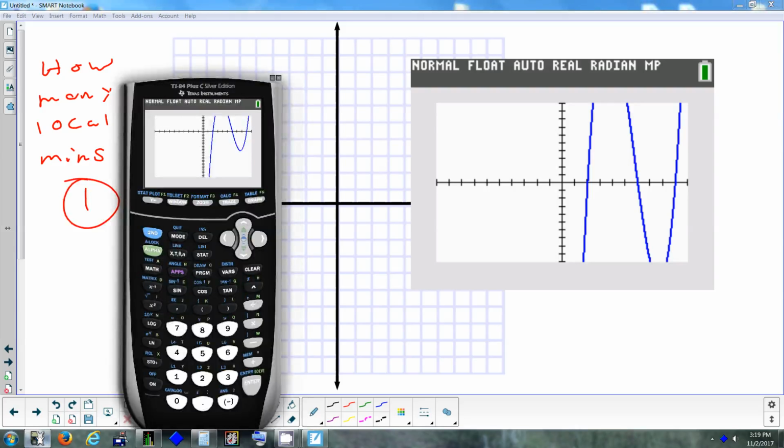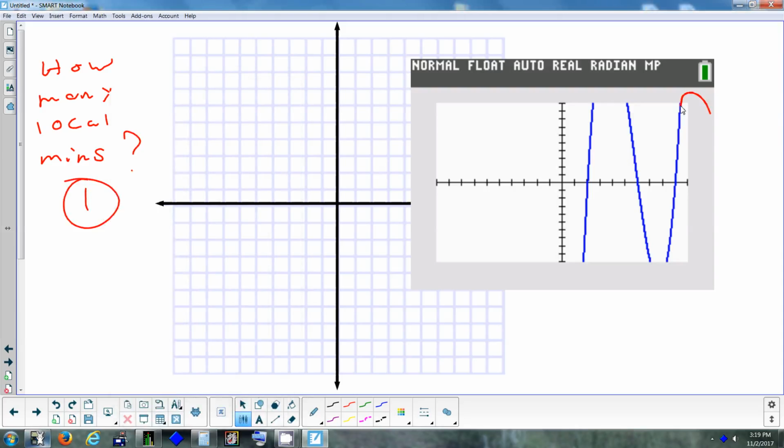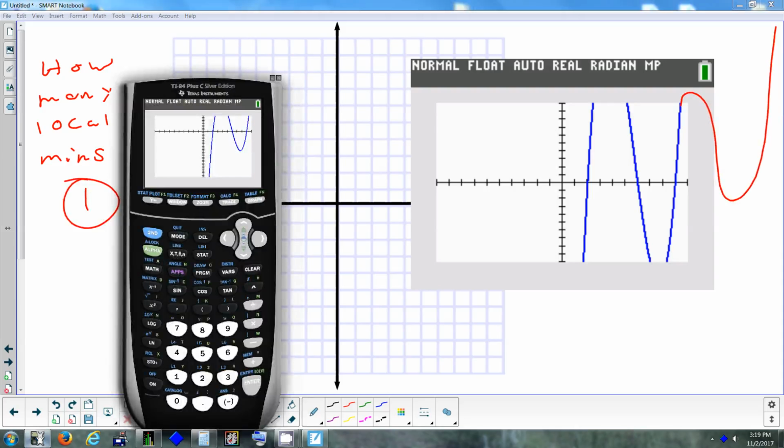How do you know that the graph doesn't do something like this off the screen and have another minimum that we can't see? Because it's an x cubed equation. Right, if you were to FOIL all this out, it would be an x cubed. X cubed can only turn twice.